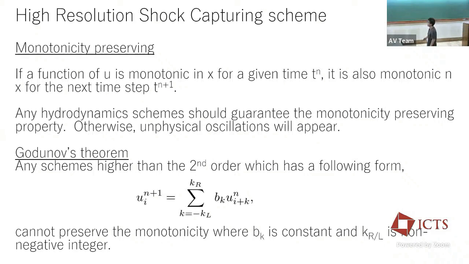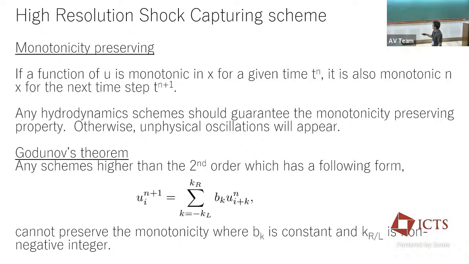However, there is a very strong theorem which is called the Godunov theorem. The statement of the Godunov theorem is that any scheme higher than first order which has the following form cannot preserve monotonicity, where b_k and k_L are non-negative integers. Here is a scheme.